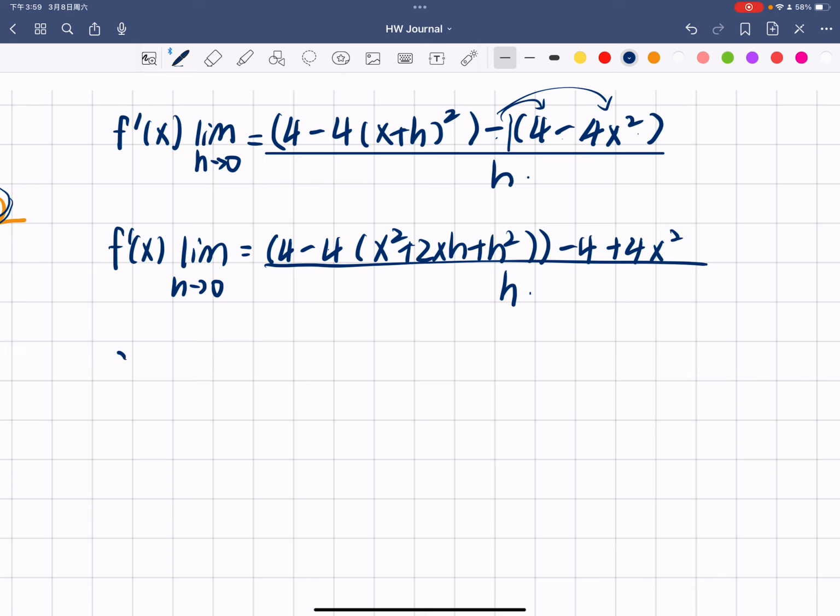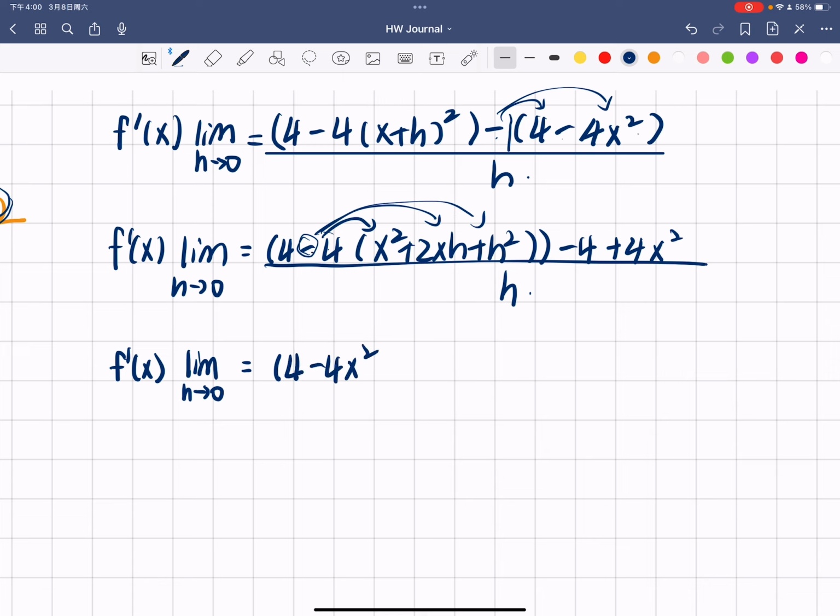Alright, so next, f prime of x, the limit as h goes towards 0. Everything stays the same. Then we're going to distribute the negative 4. I found it's better to distribute the number with the sign in front of it, because sometimes we would make small mistakes because we forgot the sign change in front of the numbers or terms we're distributing. So negative 4 times x squared is negative 4x squared.